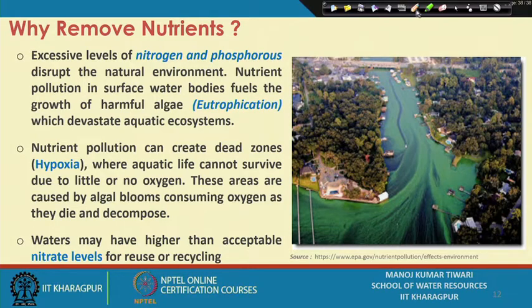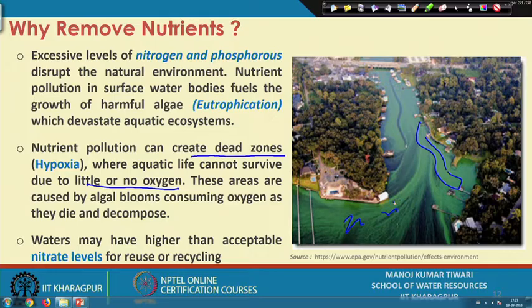This eutrophication is caused by nutrients, and when nutrient pollution is there, it may create dead zones, which is also called hypoxia. This is where aquatic life cannot survive and dies, and this primarily happens because there is very little or no oxygen. When eutrophication happens, the oxygen is consumed by the algae. Furthermore, the rate of oxygen transfer also decreases, because oxygen transfers at the air-water interface, and the top of the water is covered by algae, by this green material.